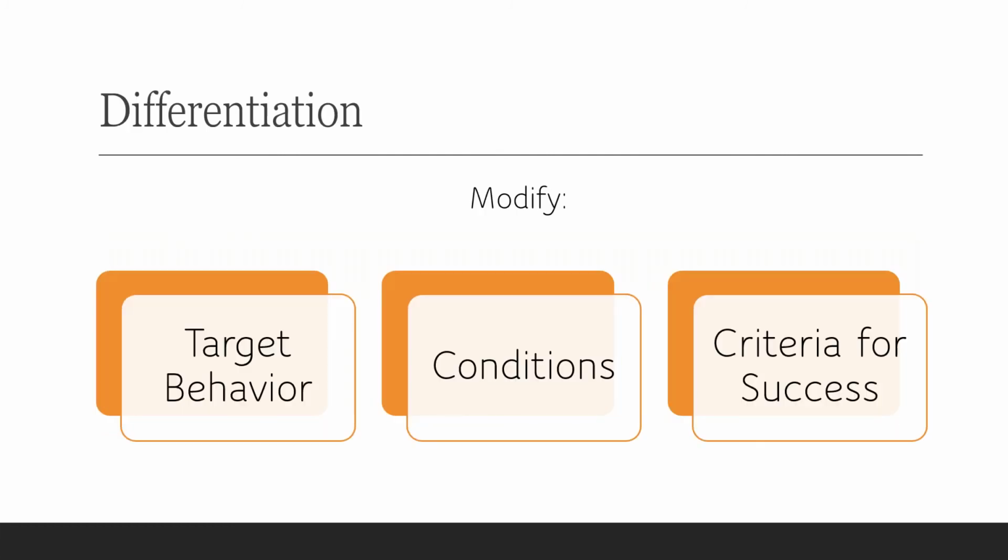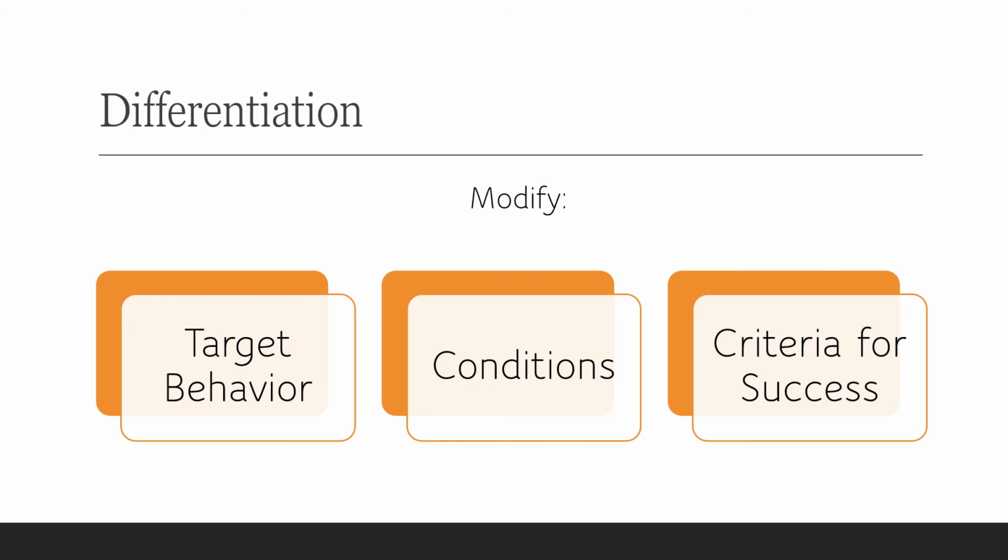The other thing that's so cool about this is when you're doing differentiation, you've got kids that are gifted in the same classroom that you've got kids with IEPs or children that are struggling or English language learners. The way you do differentiation is to modify one of these 3 aspects of your objective. So maybe you have children with IEPs that are significantly below grade level, and you're going to change the target behavior.